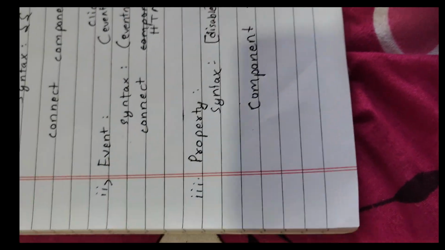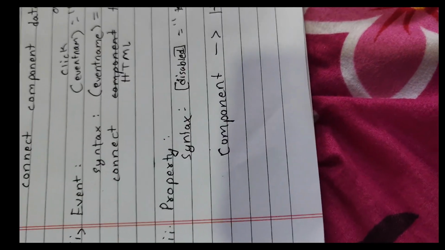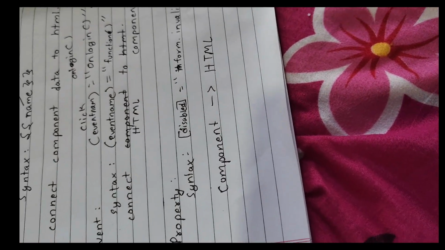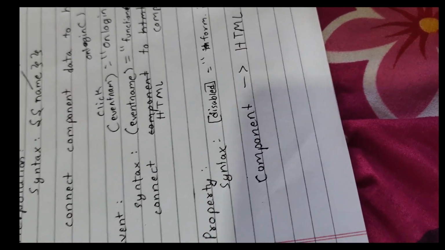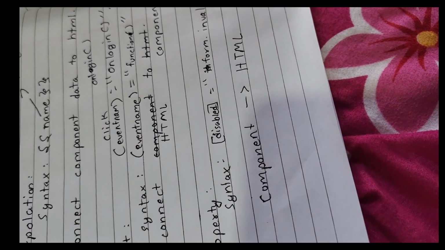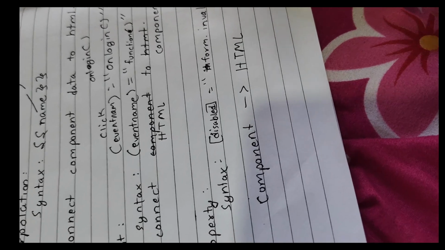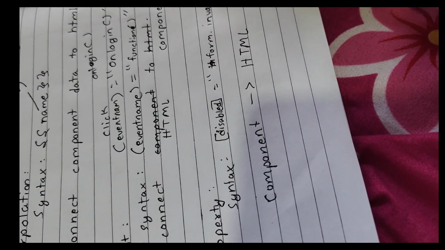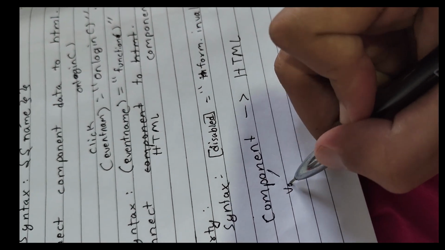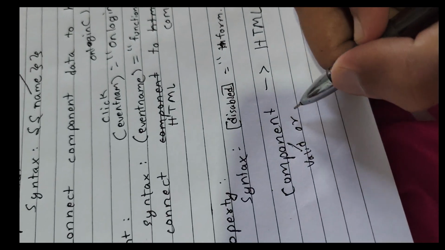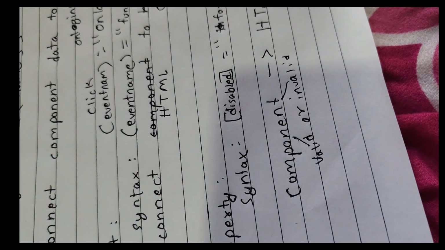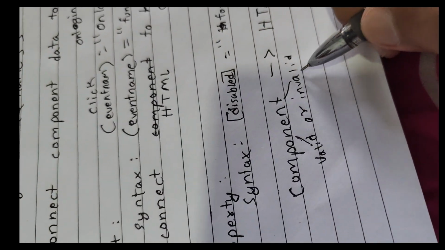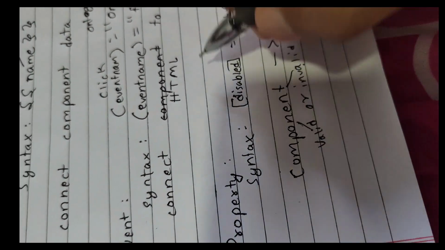Third is property binding. Property binding helps us connect component to HTML. Let's see the syntax. Say I have a form, and whether the form is valid or invalid is present in the component. When it is invalid, I want to disable the login button.